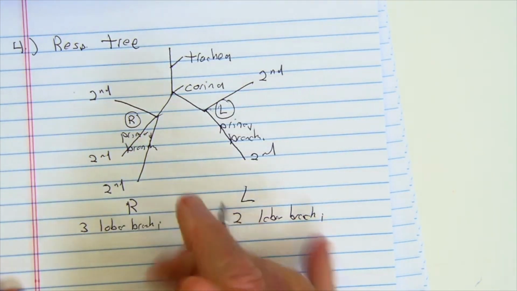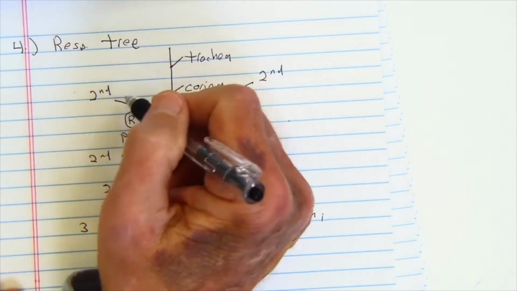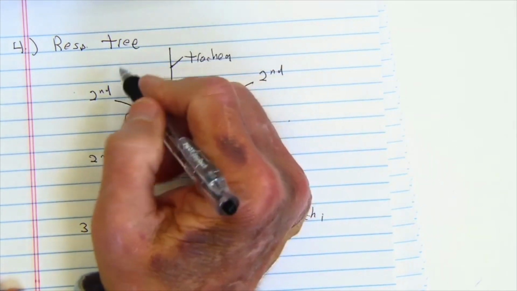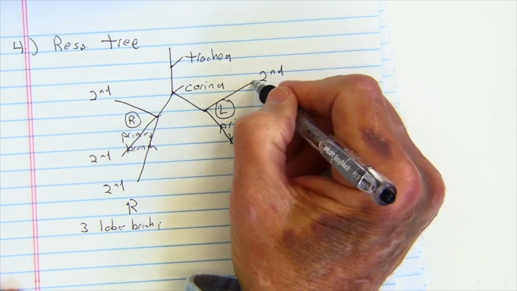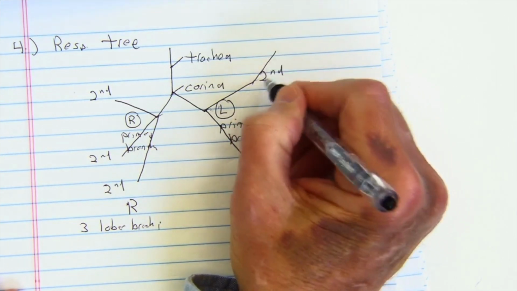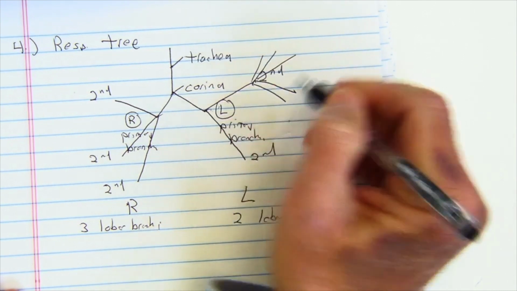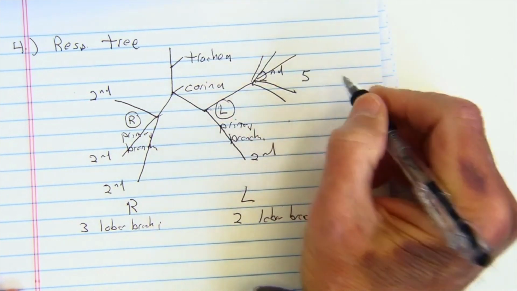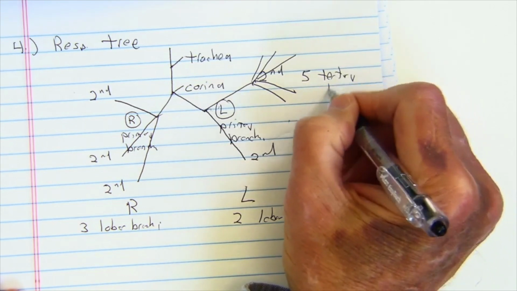Now the secondary bronchi, whether it's on the right side or the left side, and there's variations on this, but for example, on the left side, we could easily say we're going to divide that into 1, 2, 3, 4, 5. So we're going to have 5 tertiary bronchi.